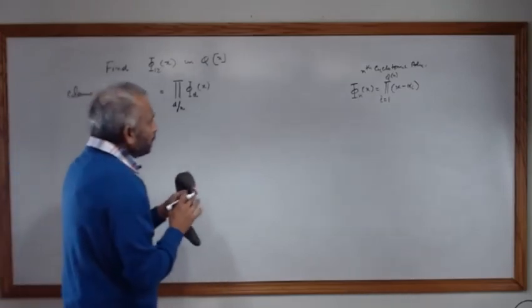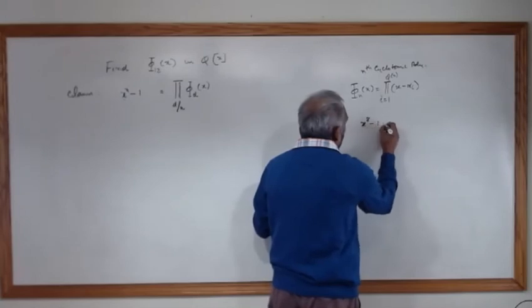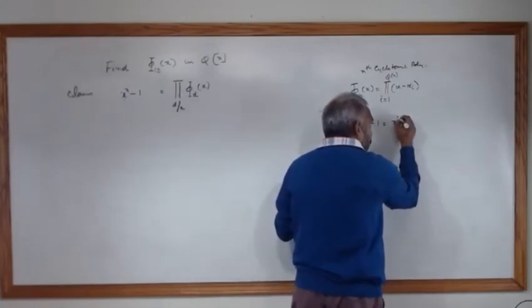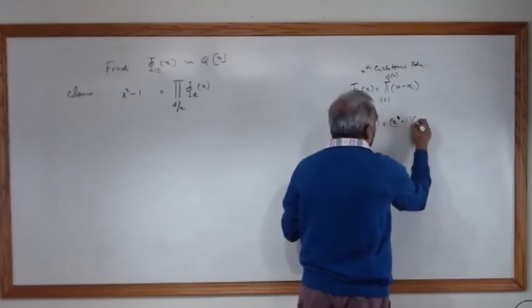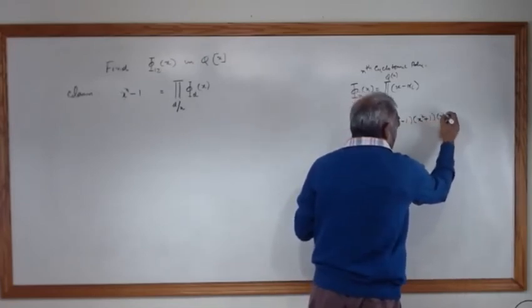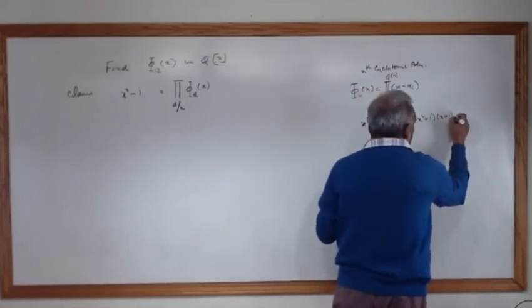What I mean by this is, we'll take an example. X to the power of 8 minus 1 is equal to x to the power of 4 plus 1, x square plus 1, x plus 1 and x minus 1.